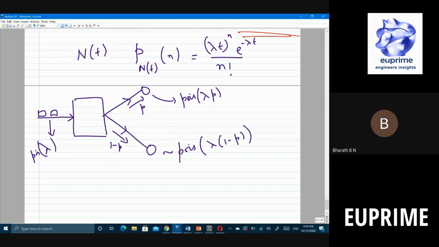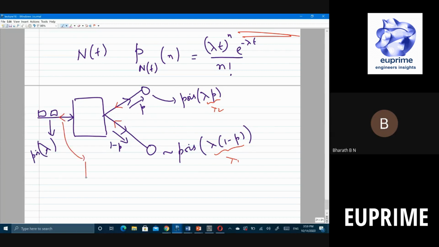Now you might reverse the process, so I can do exactly the opposite. That is, let there be an arrival which is Poisson with rate lambda 1, and another with rate lambda 2, need not be lambda p. When you look at the combined, both will go in the same road.